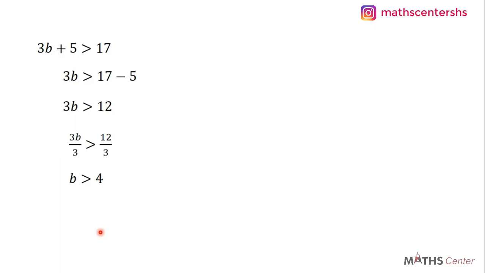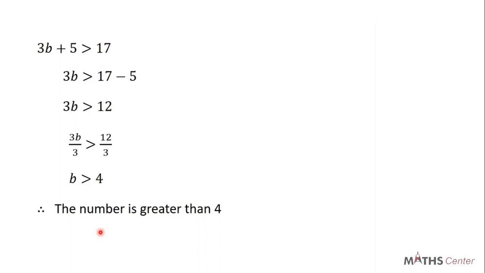Any number that is greater than 4 will satisfy the condition that was given to us. So we can now say that therefore the number is greater than 4. Any number greater than 4 will fit the condition given to us. So that is the range of values to satisfy the expression in the question.